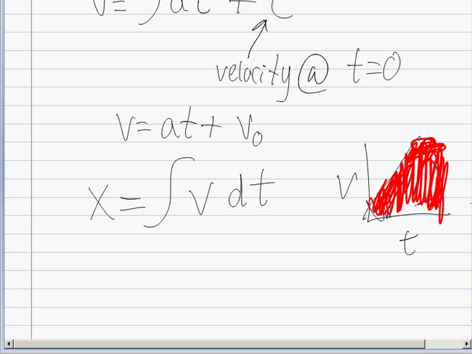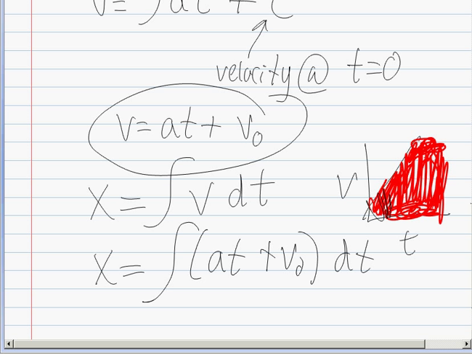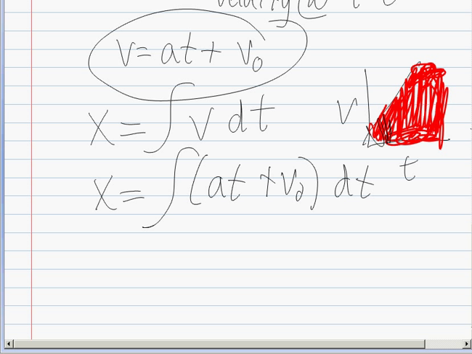So in this case, let's say again we go back to this equation here and we put that in. So we have x equals the integral of (at plus v0) dt. Well, that's two terms, so we're going to actually integrate each one. Well, this is t, so we have to up it a power, so it'll be t squared over 2 times a, plus v0. Well, that doesn't have a t term, so if we're going to integrate, it's going to get t. And it's going to get a constant.